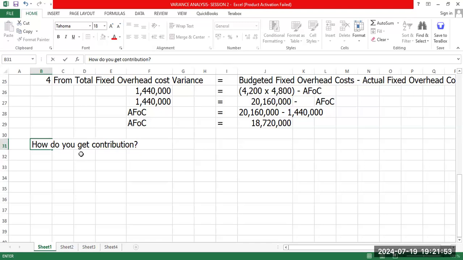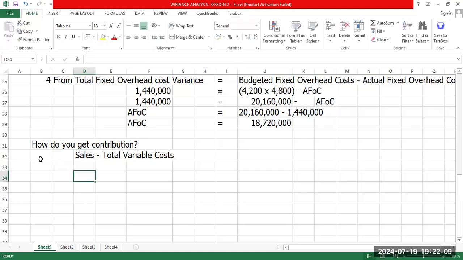To get contribution, of course, we are going to get sales minus total variable costs. Let me just simplify. Contribution is equal to that.